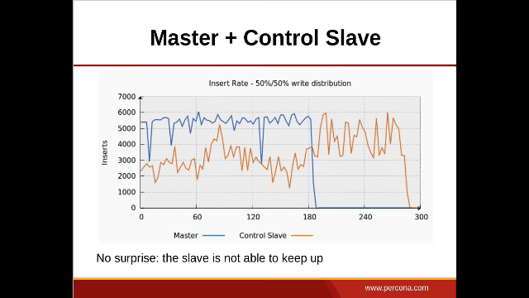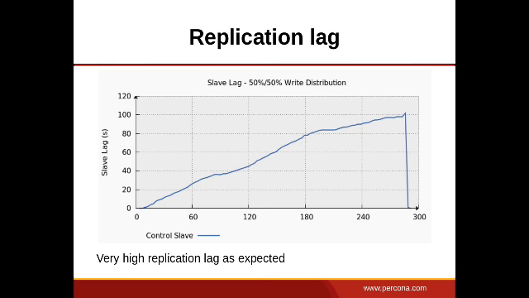We see the insert rate is approximately 50% lower than the insert rate on the master. And of course, if we look at the slave lag, it's not good. Nearly instantly, the slave begins to lag, and the test on the master took 3 minutes, but it takes nearly 6 minutes for the slave to write all the transactions. So of course, this is not very good.